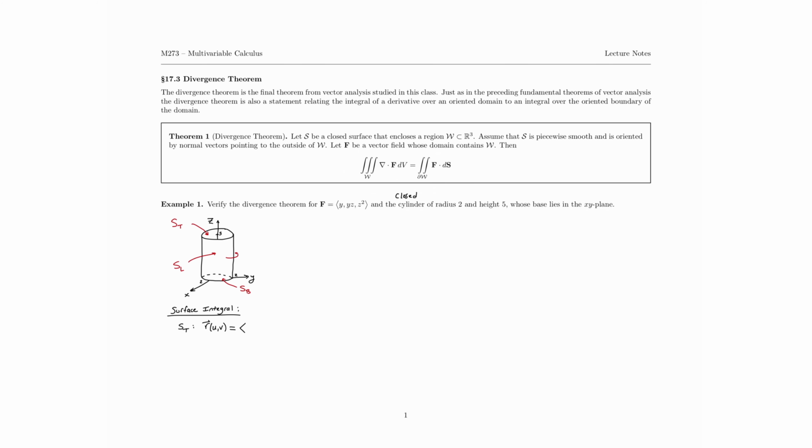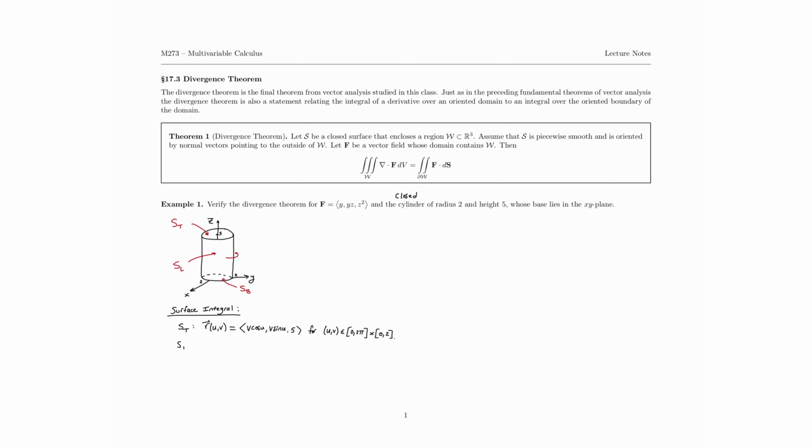So let's say we have v cos u, v sin u, and then our height will be 5. This is for (u,v) in the domain 0 to 2π, Cartesian product with 0 to 2 for v, the radius.